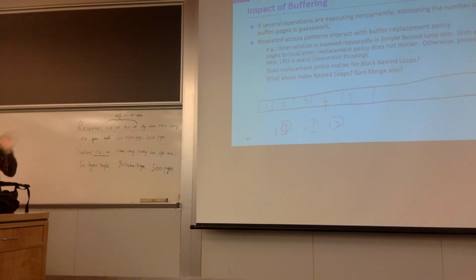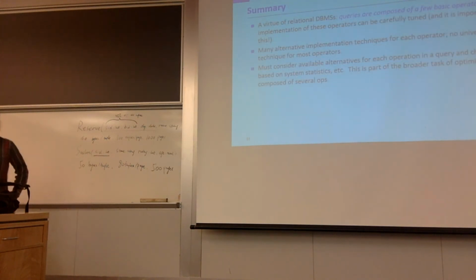That's the impact of buffer. So in summary, we have talked about a bunch of operators in relational algebra and how we actually implement these operators in a database. We also talked about many alternatives, especially for complex operators like joins, distinct, and group by. When you are considering all these alternatives, it's really not an easy problem to solve.